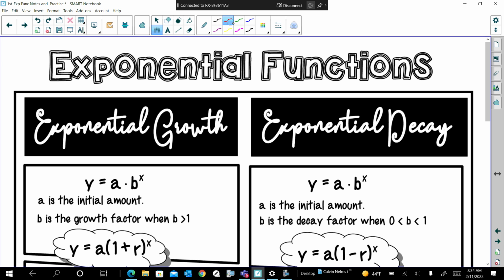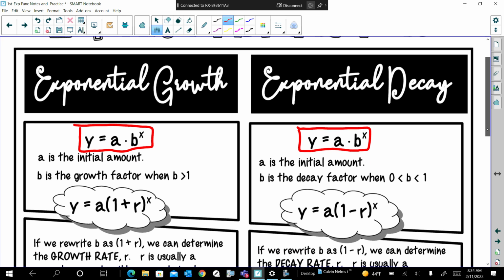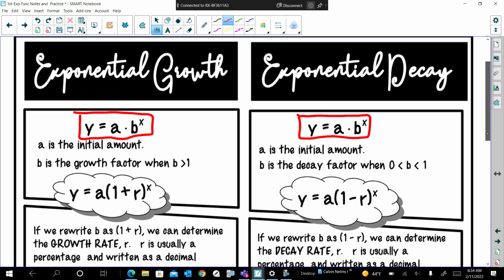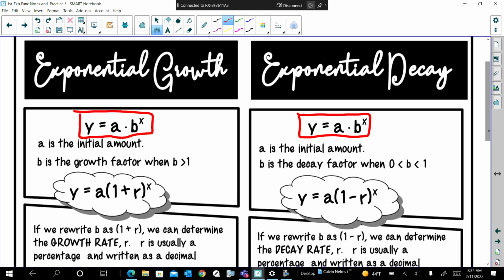Exponential functions have the standard form y equals a times b to the x power, but they change the b depending on your growth rate, depending on if it's increasing or decreasing. Your a is still the initial amount. That does not change.